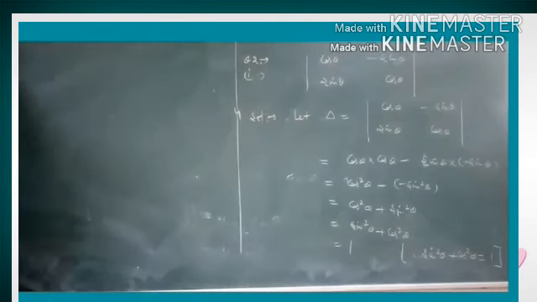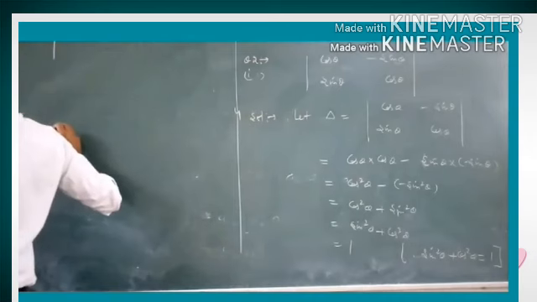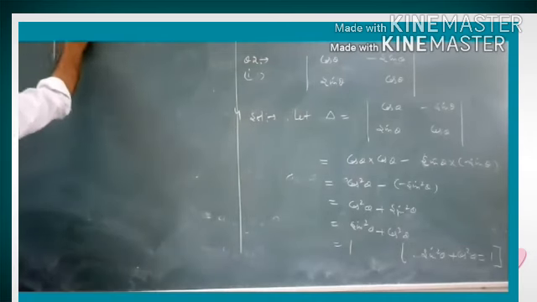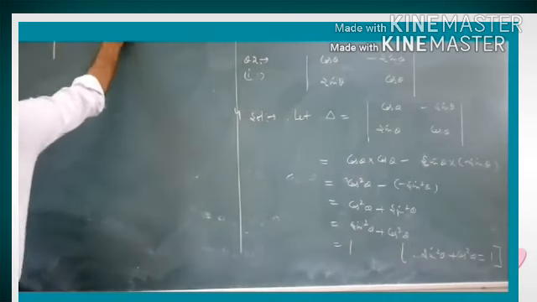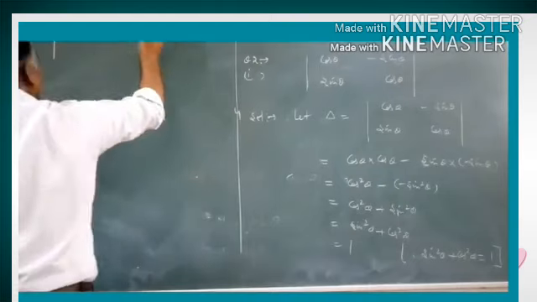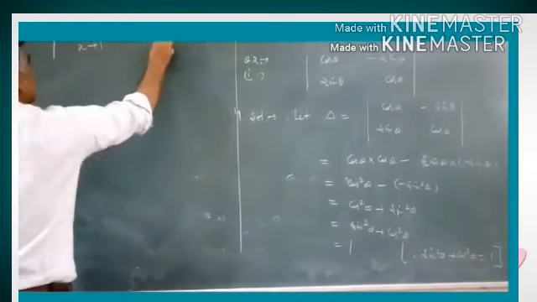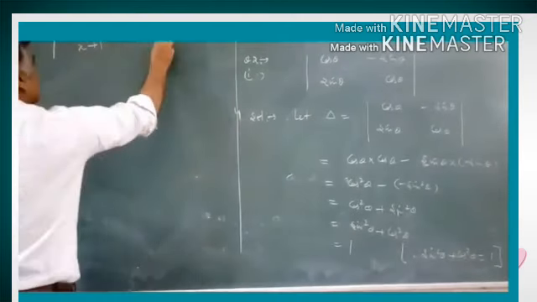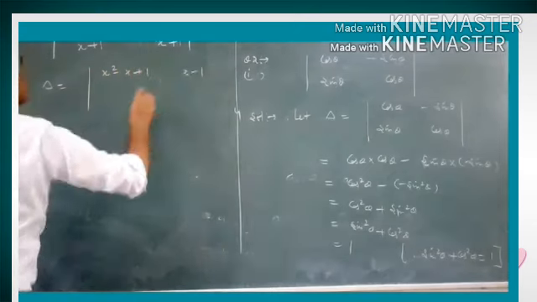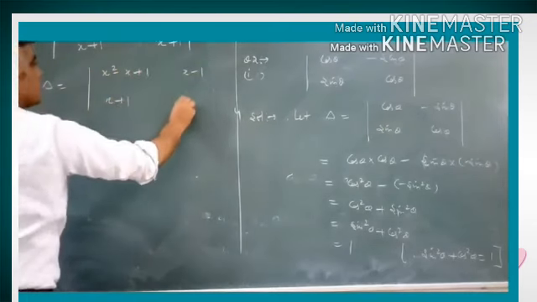Given a determinant having elements x square minus x plus 1, x minus 1, x plus 1, x plus 1. Let delta equal to |x square minus x plus 1, x minus 1; x plus 1, x plus 1|.